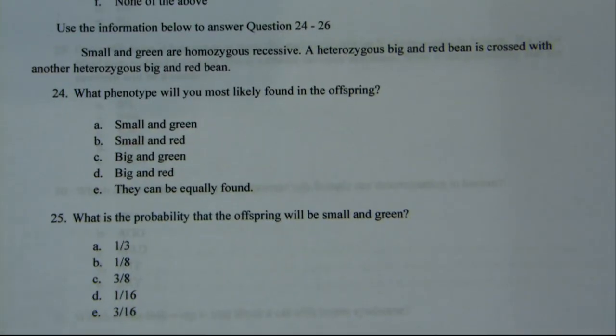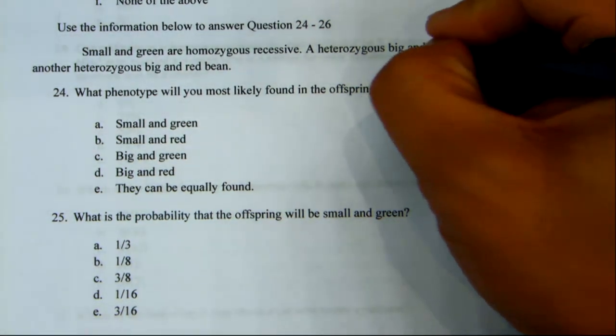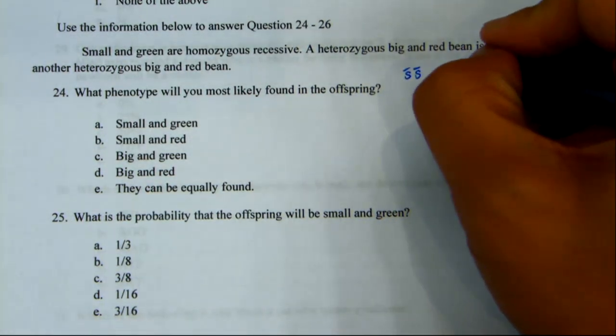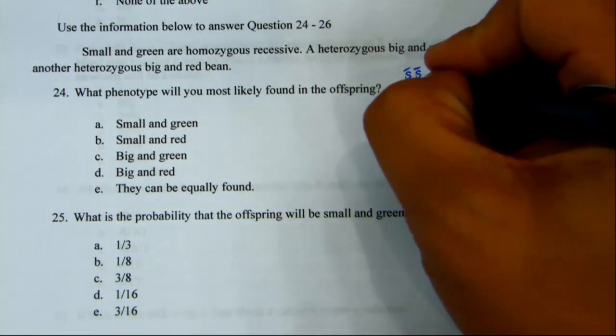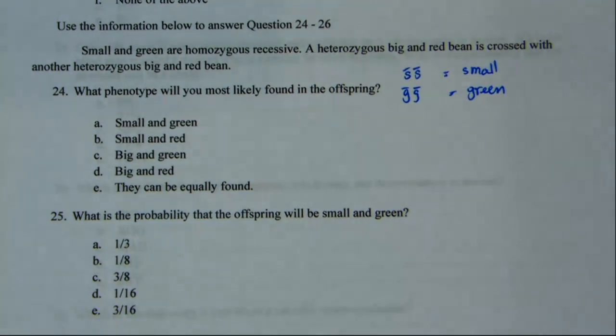Okay. Next we have this: small and green homozygous recessive, and heterozygous big and red bean is crossed with another heterozygous big and red bean. So if we put down here S to refer to small, and G is to green, right?